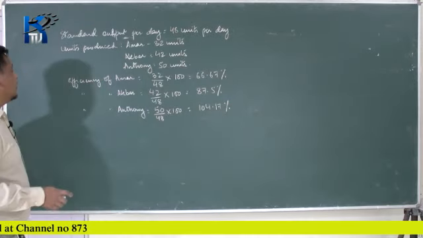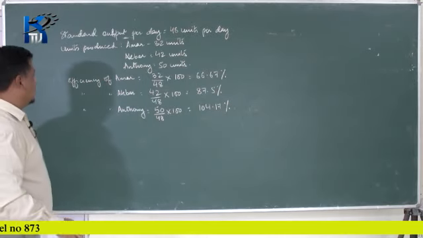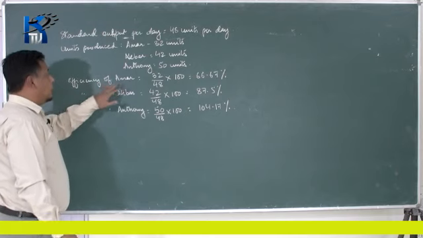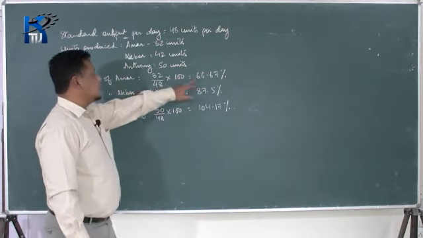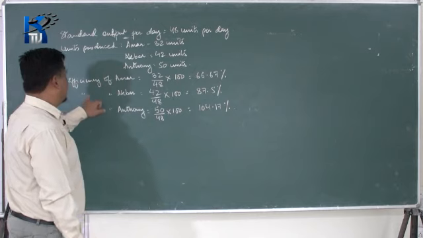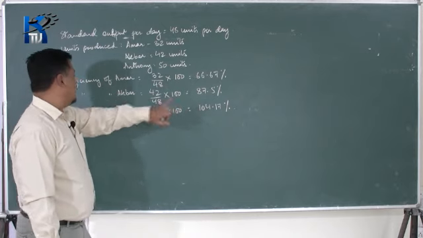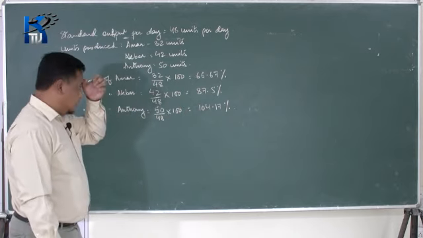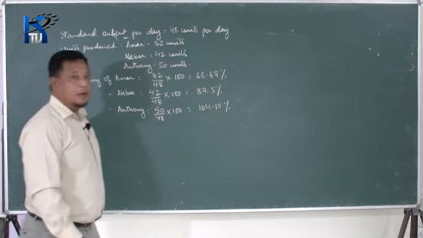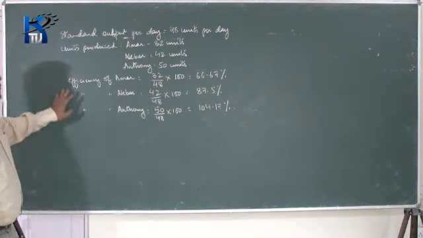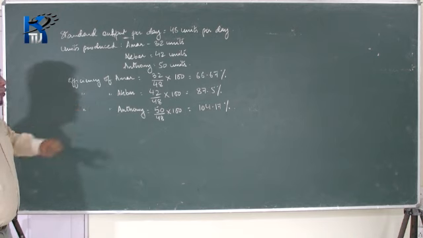So these were the levels of efficiency of these workers. The efficiency of Amar was 66.67, efficiency of Akbar 87.5, and efficiency of Anthony 104.17. So we have calculated the efficiency of the workers.